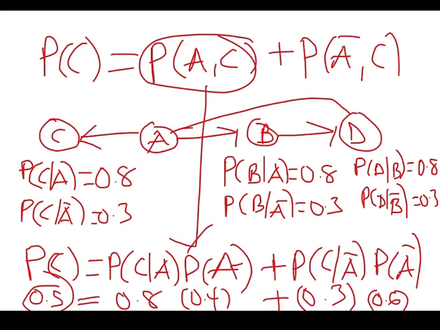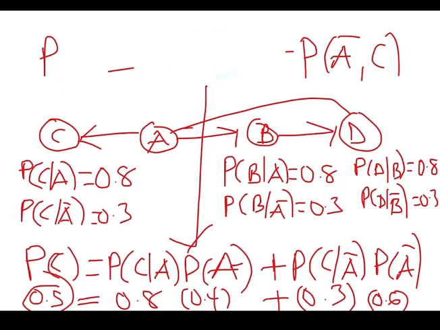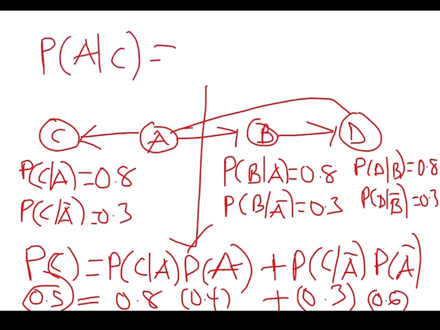Now, based on that question again, I want to find the probability of A given C. Now let me ask you, in the structure, does A depend on C? No. In the structure, what you only have is C given A. Then here you're going to apply Bayes' theorem.